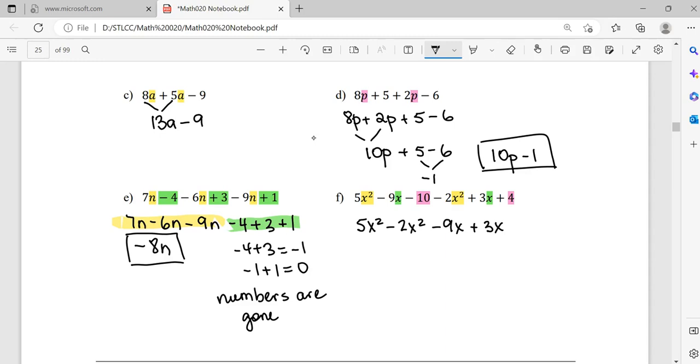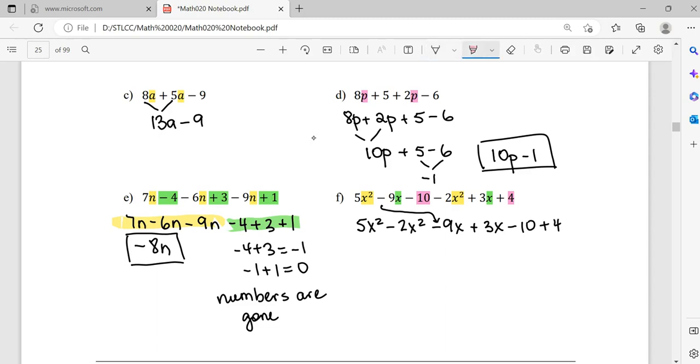So if there is nothing in front of it, it means it's a plus. But here, when I had to grab my 9x, I had to take the negative sign with it as well. So all terms come with a sign in front of them. So 3x, and now I'm going to grab the 10, which is a negative 10, because there's a minus sign in front of it, and then plus 4.